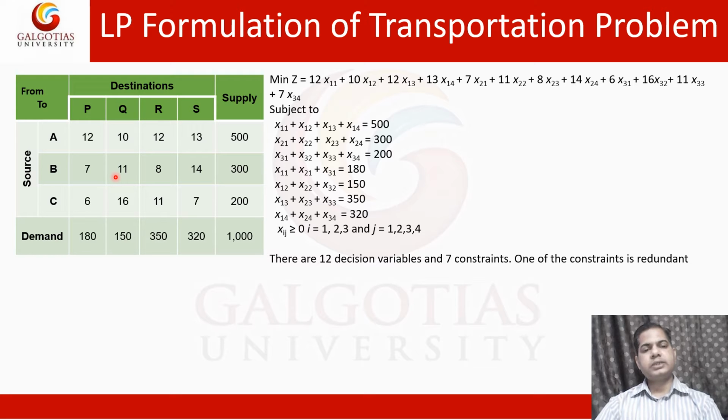Anybody can ask, if you have a problem of 3 by 4, what will be the number of constraints and how many variables. If m is the number of rows and n the number of columns, then m plus n will be the constraints, and m into n will be the number of variables.